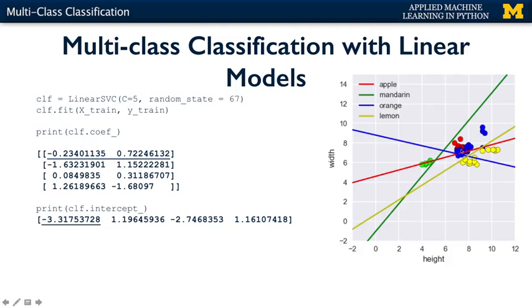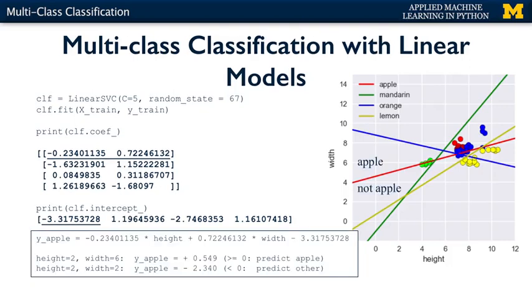You can actually compute for any data instance using this linear formula what it'll predict, either apple or not an apple. So if we take a specific example, something that has a height of 2 and a width of 6, so some query point here, for example. This is a linear classifier, so we can take this first pair of coefficients and this first intercept value, and these form a linear classifier for apples versus not apples.